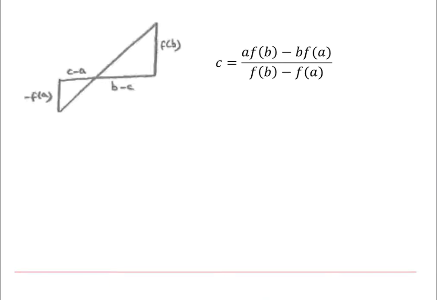So we can prove this result by using similar triangles. In this diagram, which is just an enlarged version of the main part of the previous diagram, we've got two triangles.